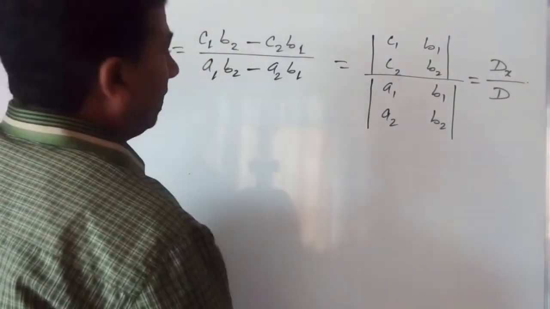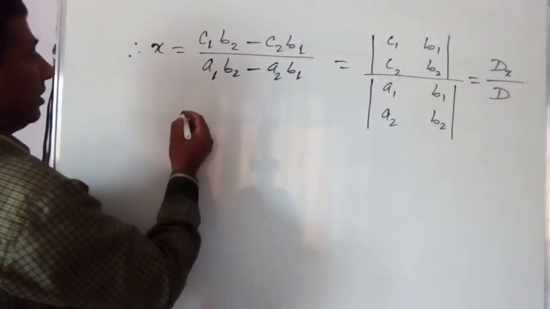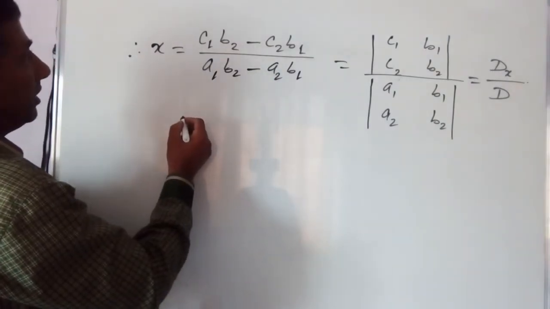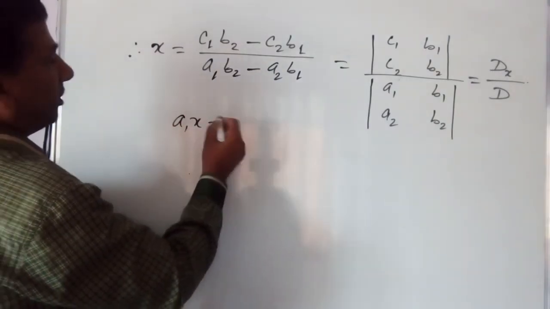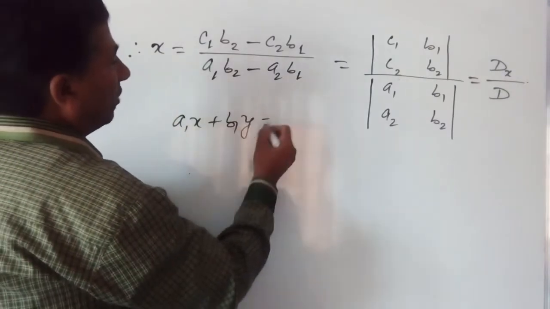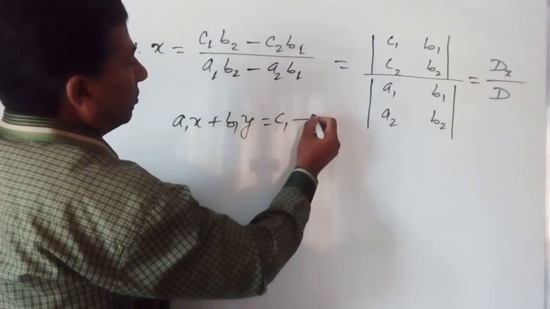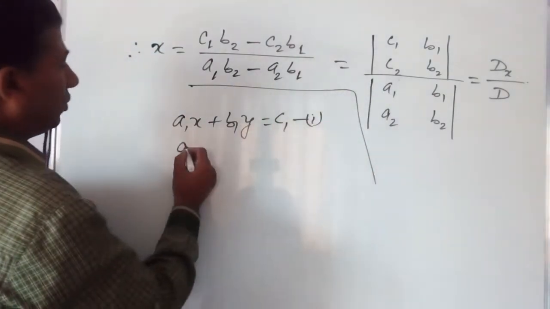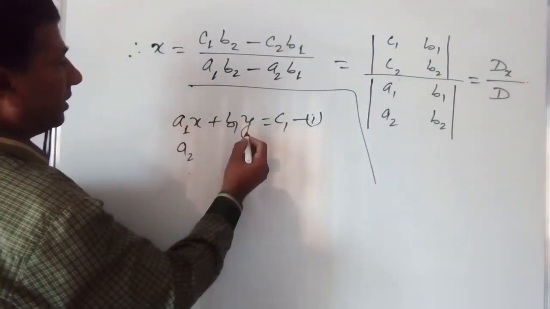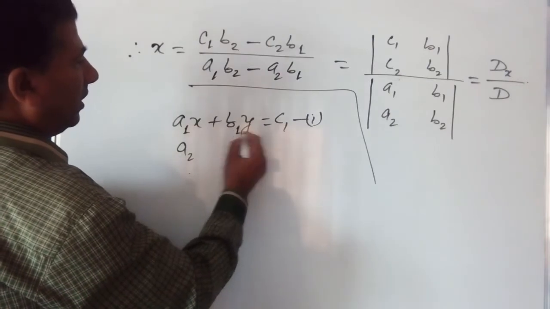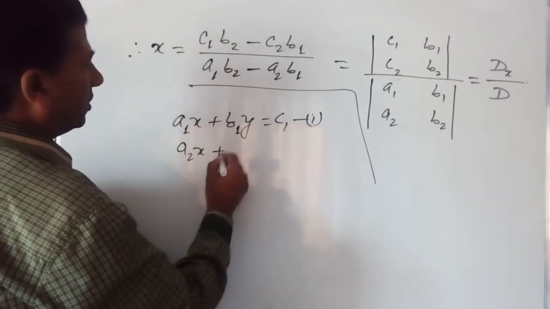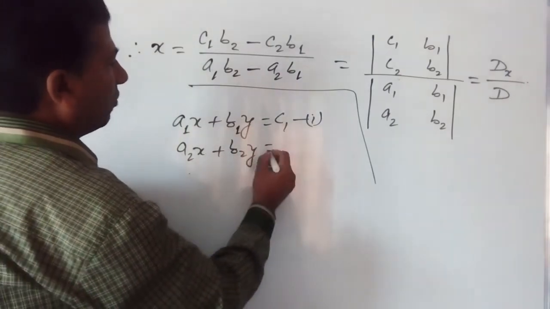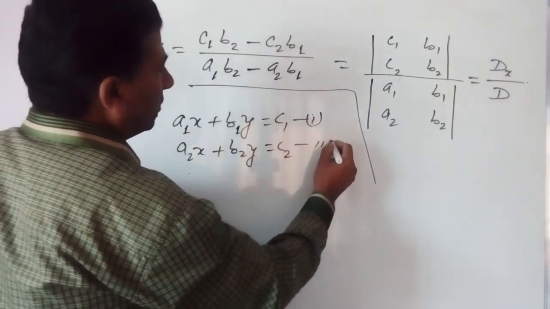What are our equations? a1x plus b1y equals c1, this was equation 1. And equation 2, a2x plus b2y equals c2.